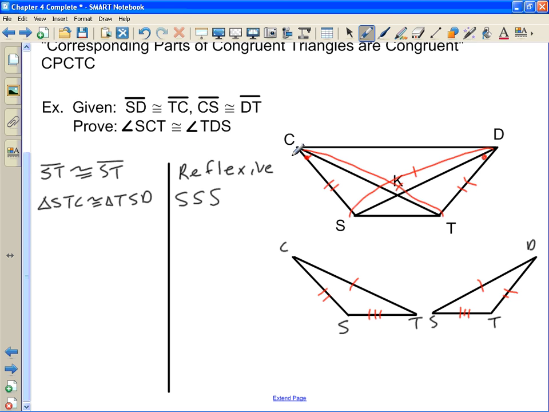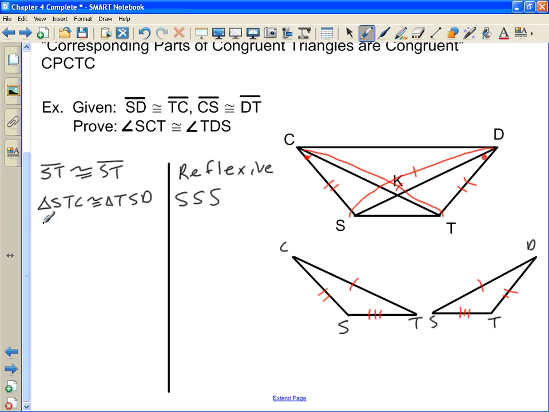I want to show that these angles are congruent. Since these triangles are congruent, that means all their angles are congruent to each other. So this S is congruent to that T, and this C is congruent to that D. Now, even though we drew these separate pictures, I'm not going to call it angle C, because really it's up here, and I'm going to need 3 letters to describe it.